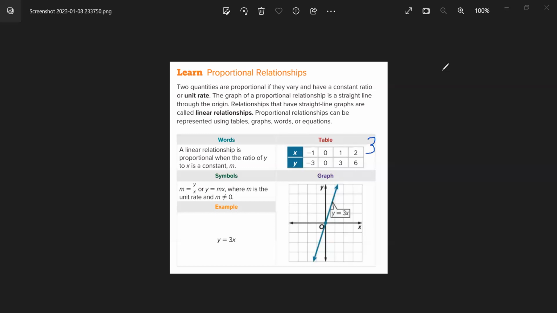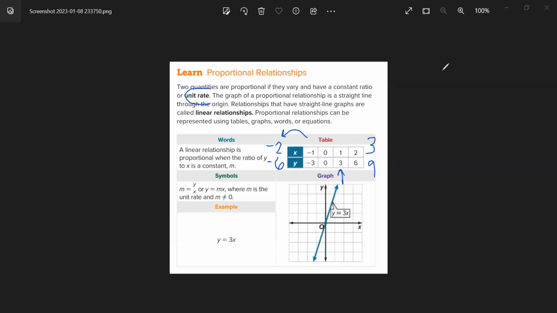That's a 3. If each candy is $3, we will have to pay $9. And if we want to grow the table this way, and if we put a -2, we will have to lose $6 right here.